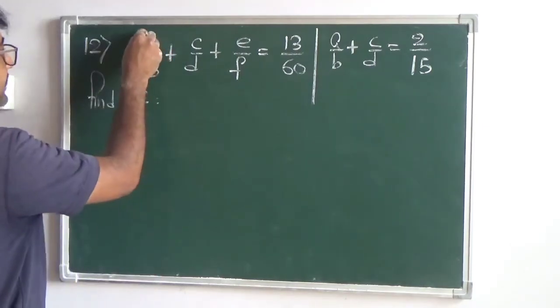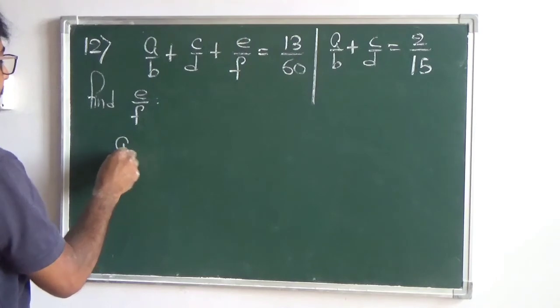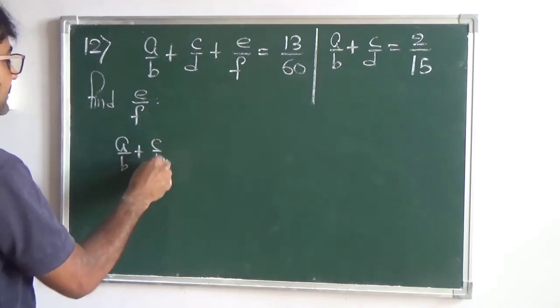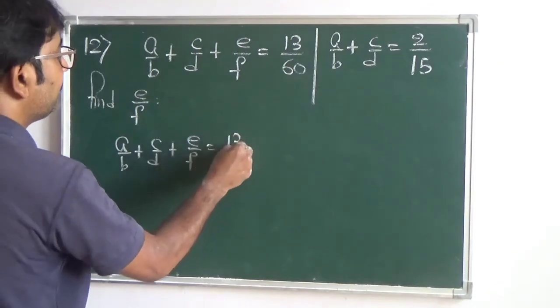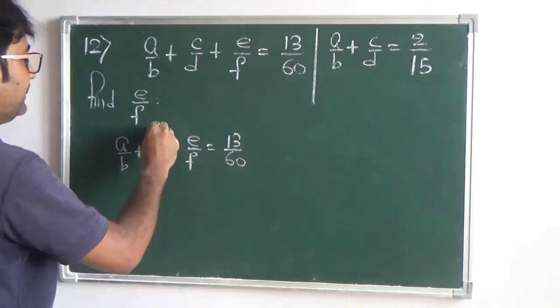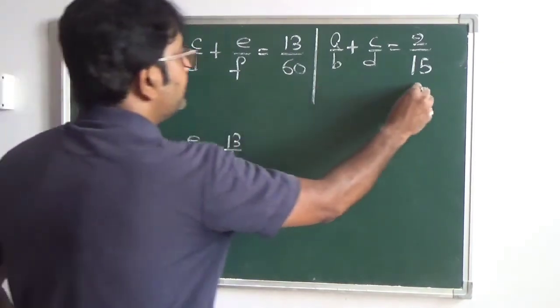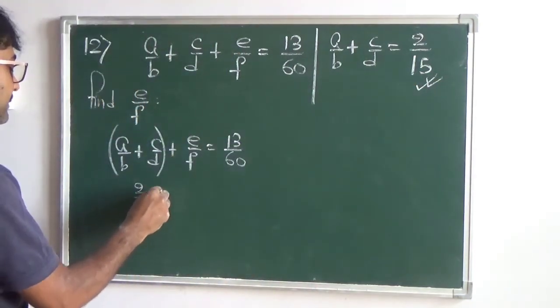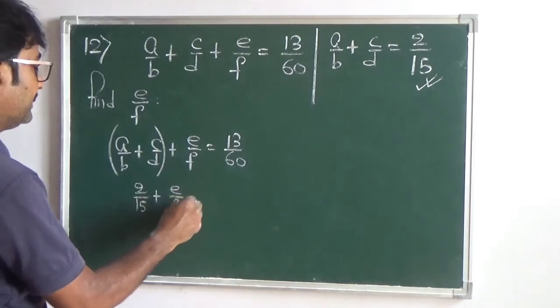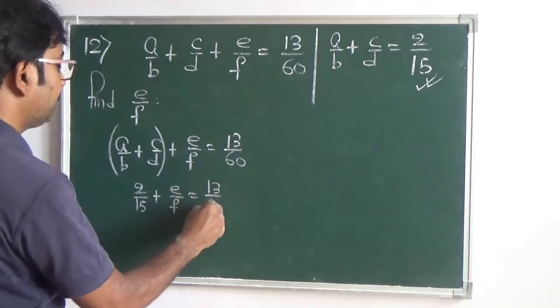So this part is given. Let us write A by B plus C by D plus E by F is equal to 13 by 60, and this part is given as 2 by 15. So we write here 2 by 15 plus E by F equals 13 by 60.